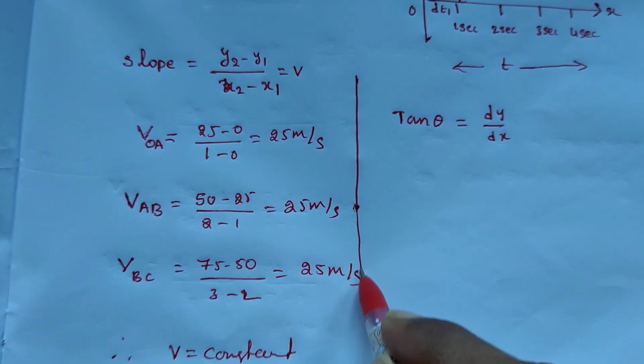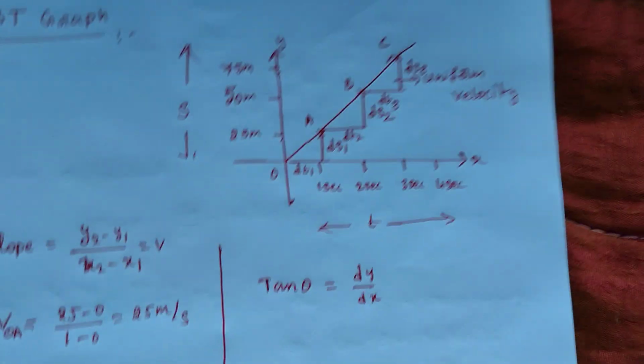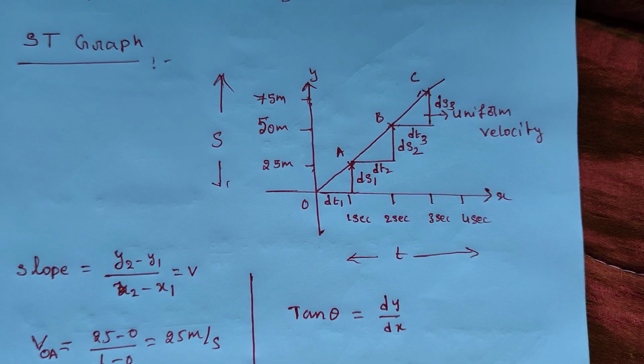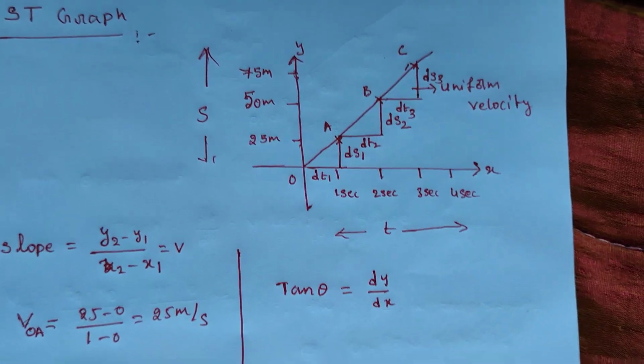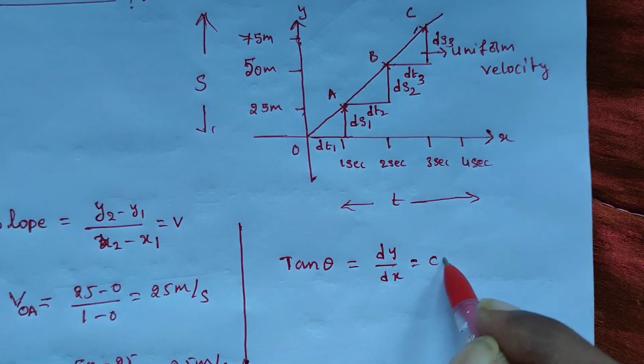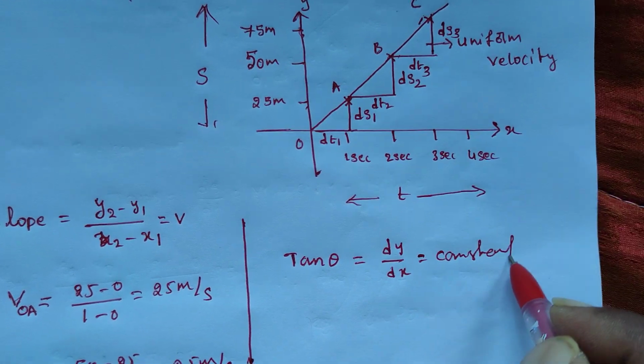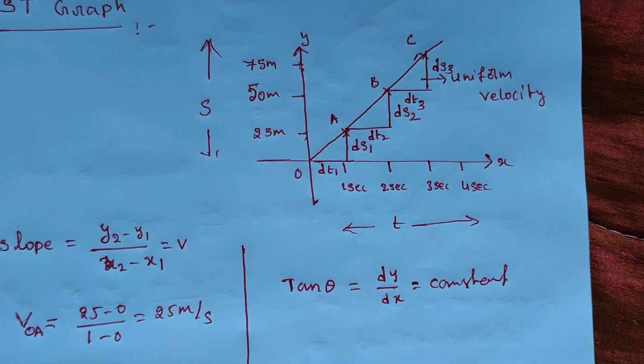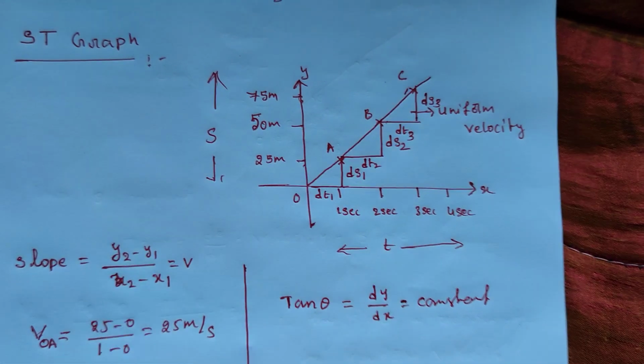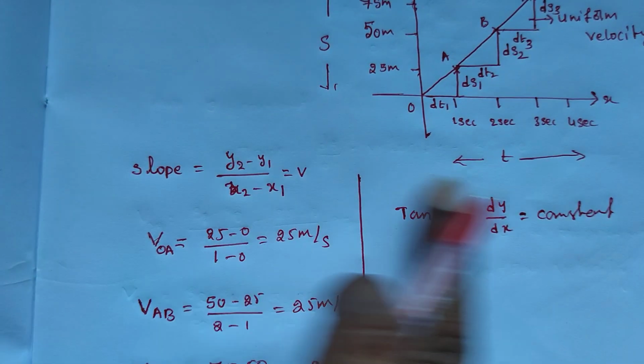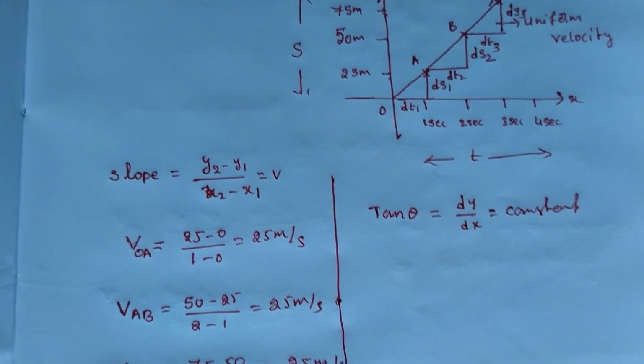Okay, sir, in another way we have to explain. Tan theta equal to dy by dx. This dy by dx must be constant. From this formula, we have to represent dy by dx equal to constant.